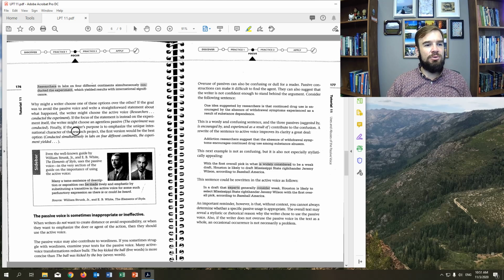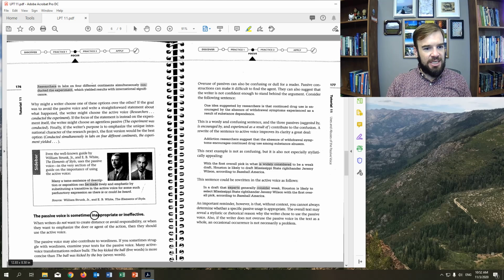Again, I'm not expecting you to write these 3 types of sentences like you see here with researchers in labs and conducted simultaneously. That's not my expectation. But again, I do want you to start to see how the passive voice is used in a lot of different ways. The more you see it now, the more prepared you'll be for your next grammar class or the next writing class, or certainly when you go to transfer level English and beyond. Okay, so starting to see these things and notice them is very helpful.